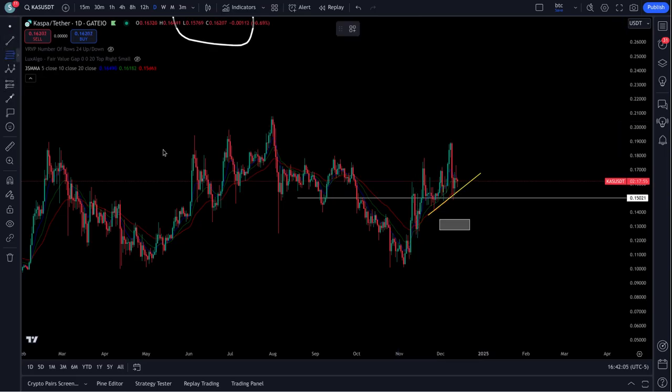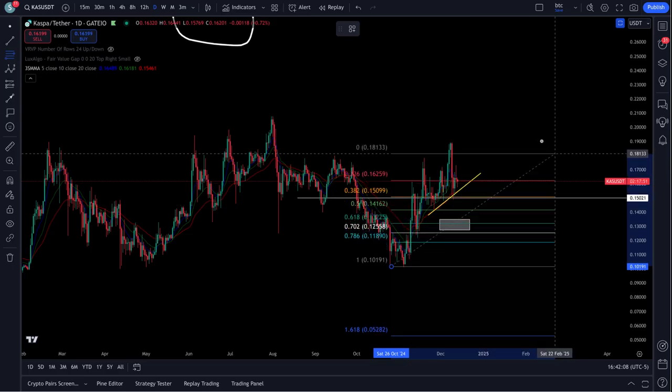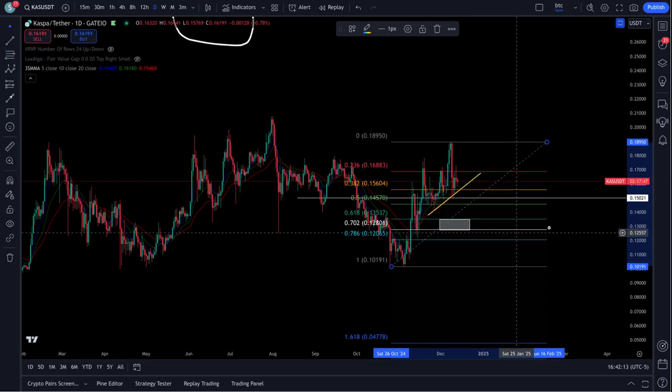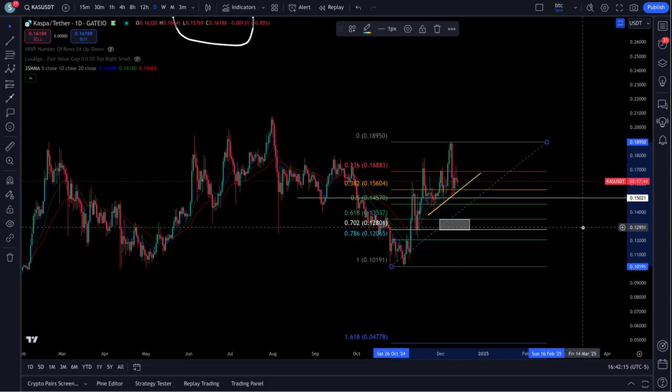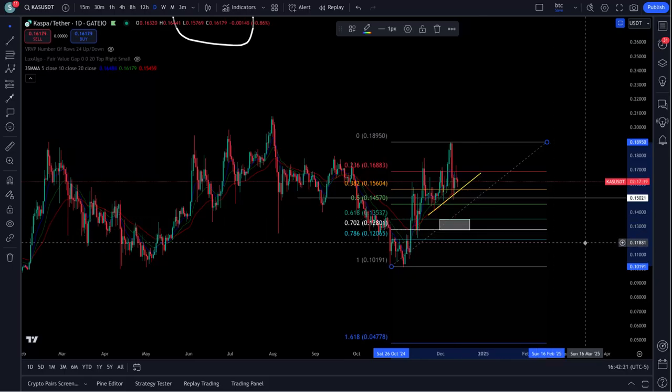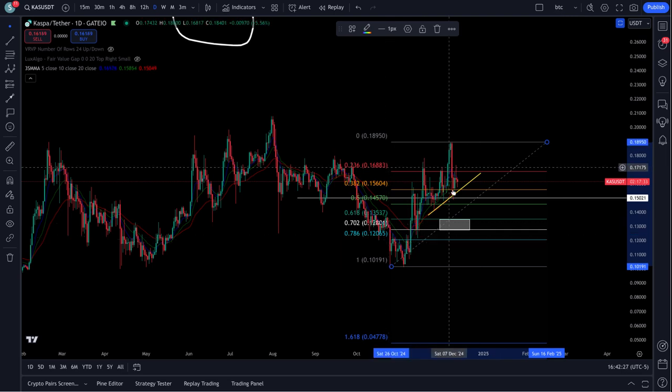Now we did not get this pullback the whole way down here. All right, this has pulled back. Boy, oh boy, real close to a 50%. That would be great. But you can see why I put that there. That's the 618 and 702. That's your golden pocket. That's usually where you'll pull back to, unless you're starting on wave 1, 2 to the upside.